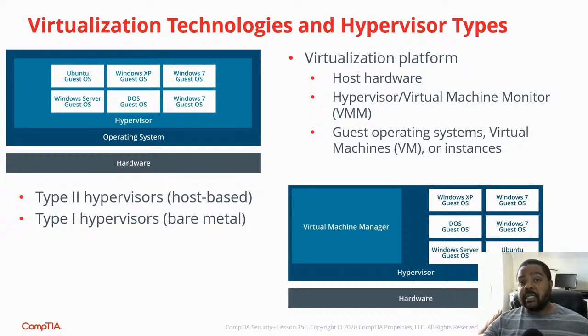That's where you see things like VirtualBox come into play, or VMware platforms come into play, where you actually download it on your personal PC, but then you can spin up a Mac OS on a Windows platform on your personal machine. So that's type 2 hypervisors.